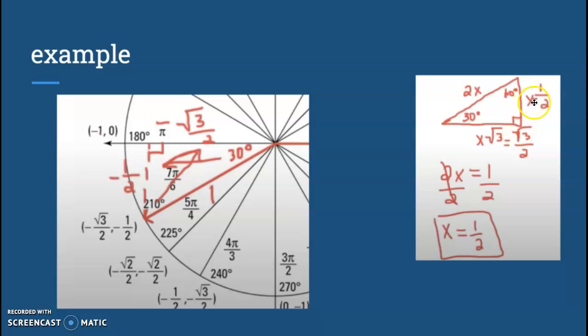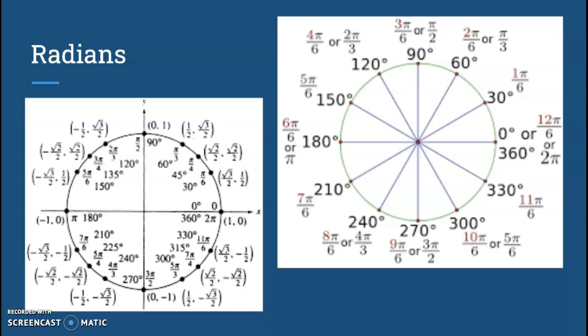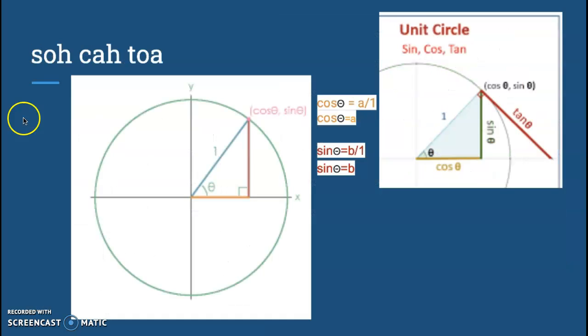Then to find the long leg, you multiply x by rad 3, which gives you x rad 3. So 1/2 and rad 3 over 2, that's for later.